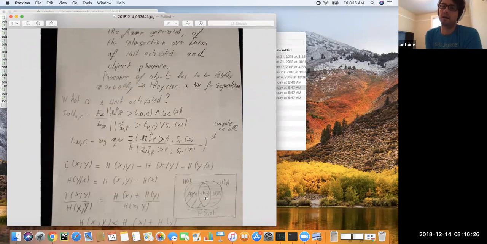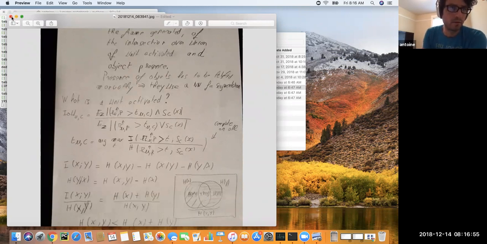Basically, they use a multiplicative factor of dimensionality equal to the total number of units, and this multiplicative factor is between 0 and 1, and they optimize it using stochastic gradient descent.